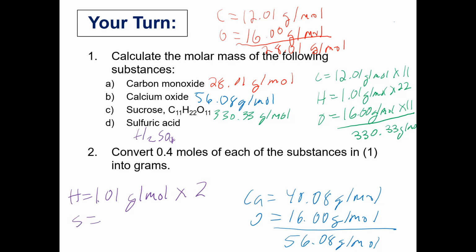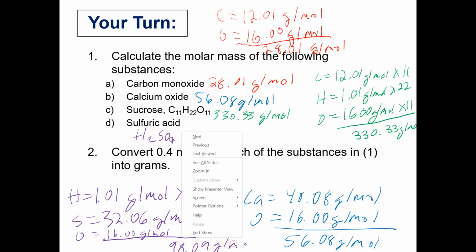Sulfur has a molar mass of 32.06 grams per mole, and oxygen has a molar mass of 16 grams per mole, and there are 4 of them. So if we add all of that together, we come up with a molar mass of 98.09 grams per mole.